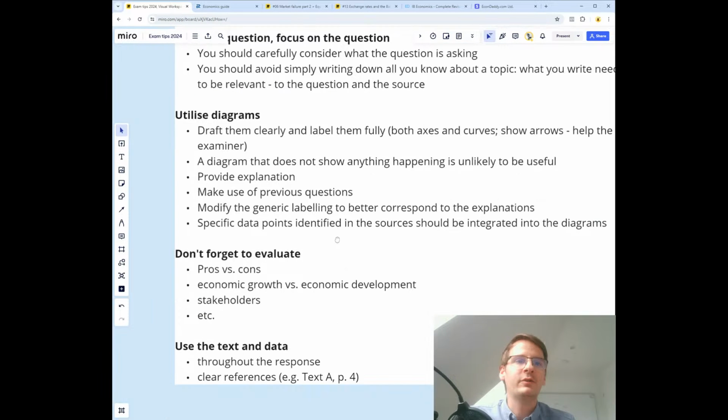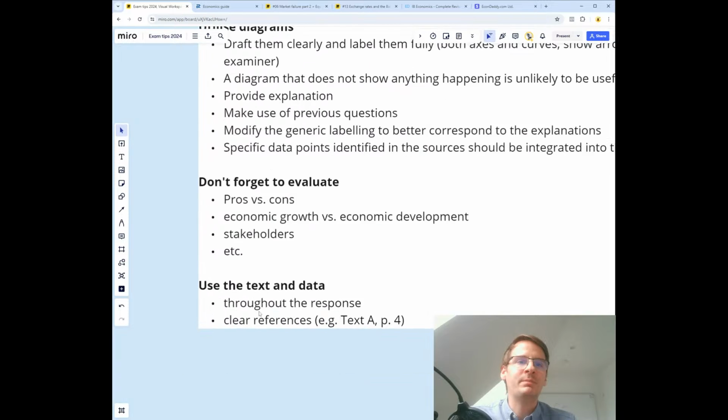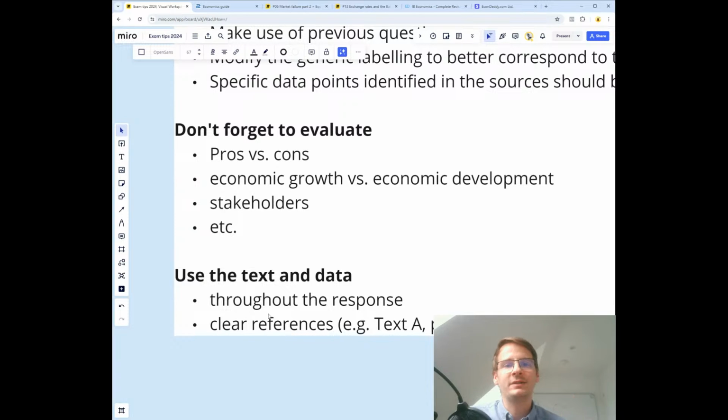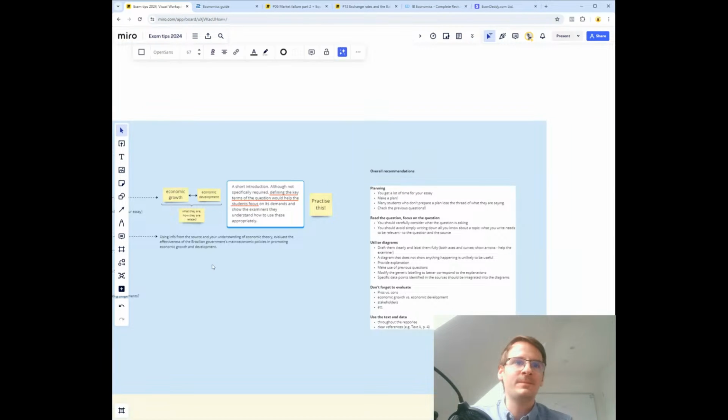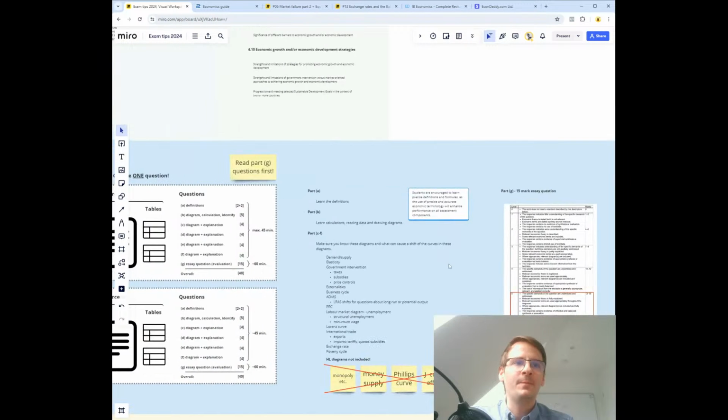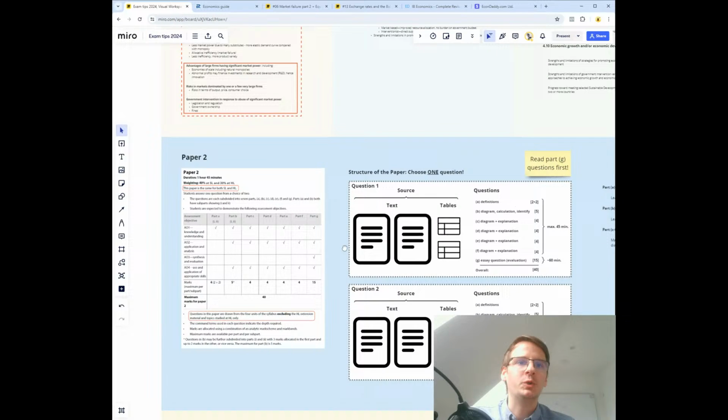And then don't forget to evaluate, and please, please do refer back to the data and make these references very, very clear, very explicit, so that the examiners will know that you are now using the source. And this is what I have to say about your paper 2.